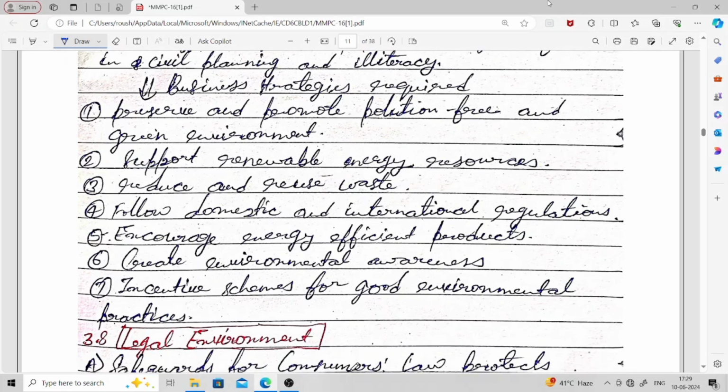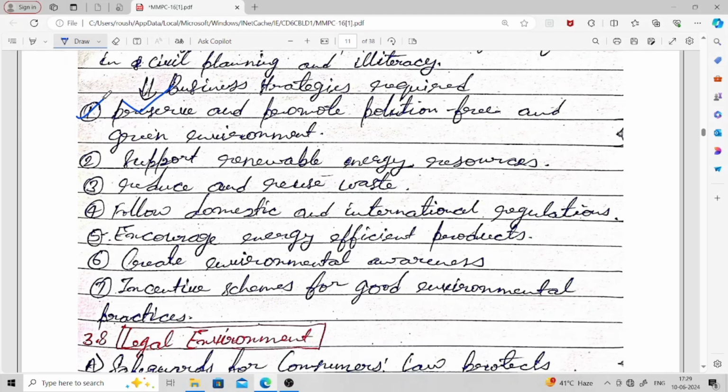The business strategies required to overcome these issues: first, preserve and promote pollution free and green environment. Second, support renewable energy resources. Third, reduce and reuse waste.